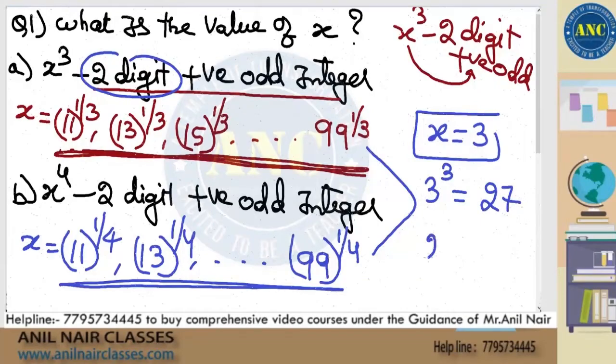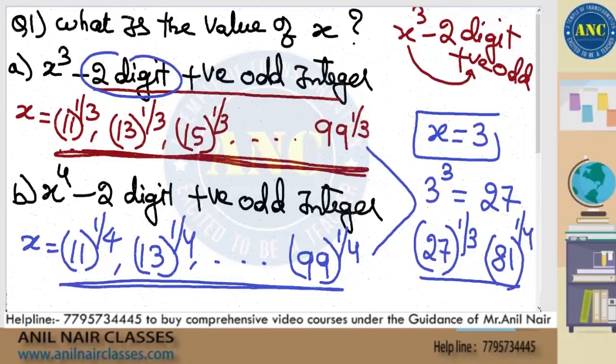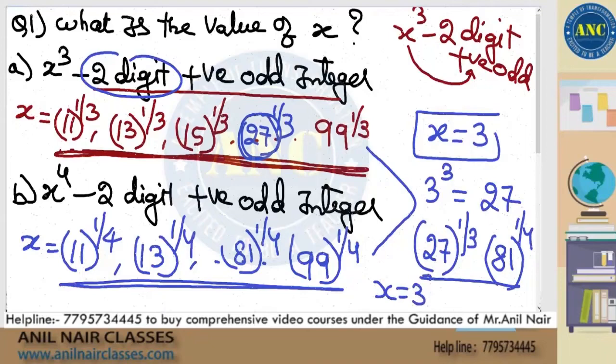So the one value of x which is common is 27 power 1 by 3 or 81 power 1 by 4. Here I will get 27 power 1 by 3, here I will get 81 power 1 by 4. Both will result in one value, and the value of x is 3.